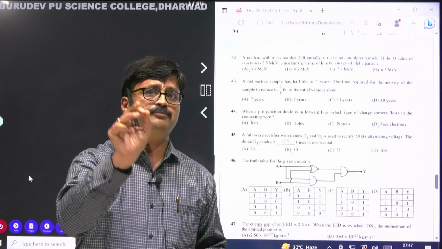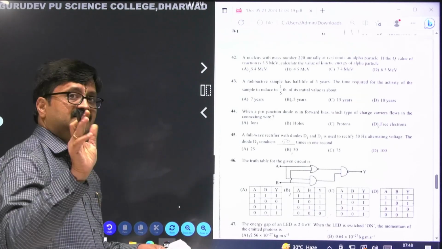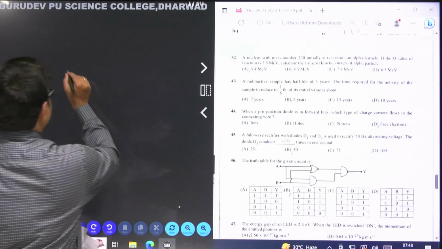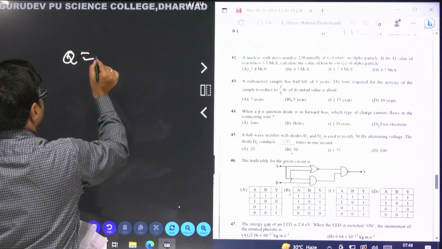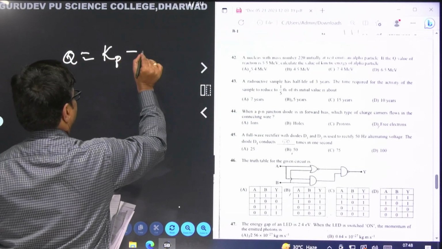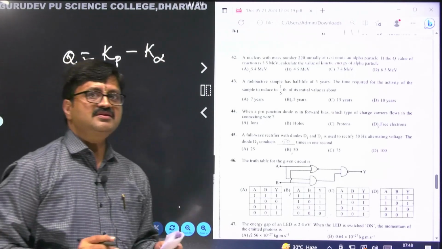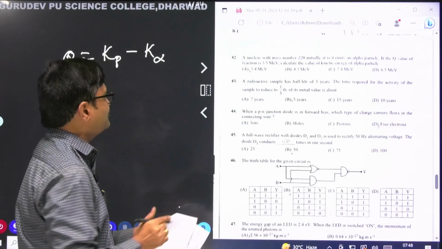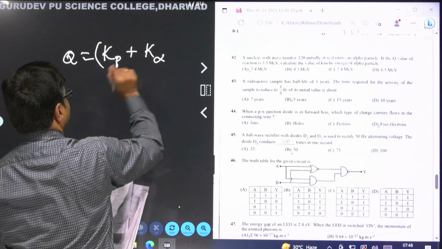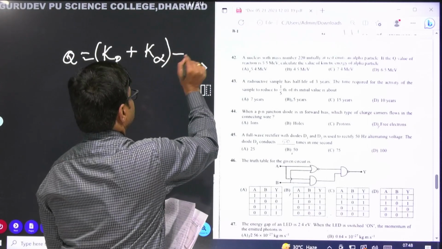Now the trick to this problem I would like to tell you is initially we will understand the total Q value. What is the Q value formula? Q is equal to energy of the product minus energy of reactants. Now for the products, we have the nucleus and alpha particles, so I am writing K alpha here. So if you consider the sum of these two, this will be the total energy of the products minus the initial energy.